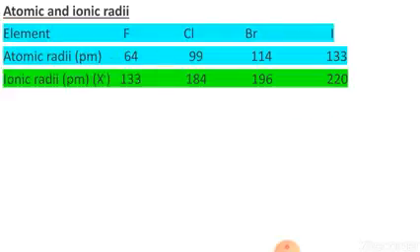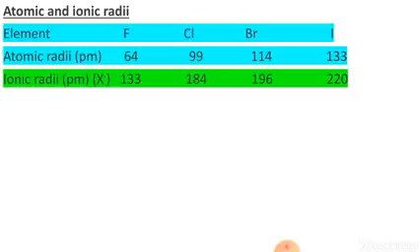Look here, the elements are given: fluorine, chlorine, bromine and iodine. Atomic radii in pm are given as 64, 99, 114 and 133. Similarly ionic radii are given in pm, that is X-. As you know, halogens are one electron short of the nearest noble gas configuration, so they take 1 electron to complete their octet, and hence the common ion is X-.